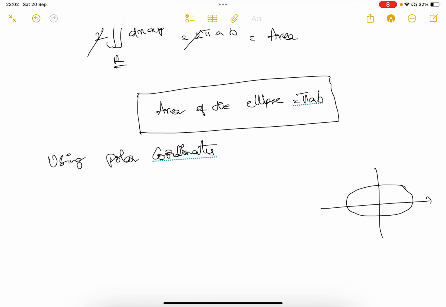Let's assume this as the x-axis, this as the y-axis, and you can calculate the first quadrant area, and you can multiply with the factor of 4, then you will get the area of an ellipse. Fine. Then you can write the area of an ellipse as 4 times integral of f of x into dx, right? Here f of x will be y dx, right? The x value ranges from 0 to a.